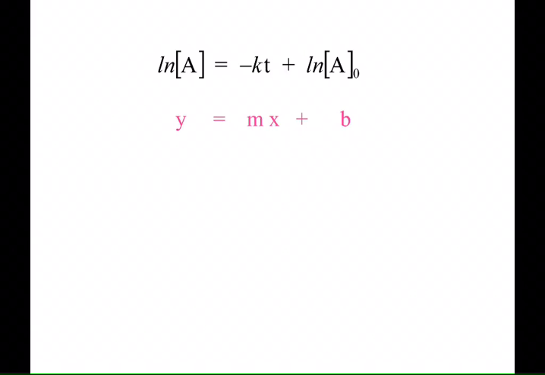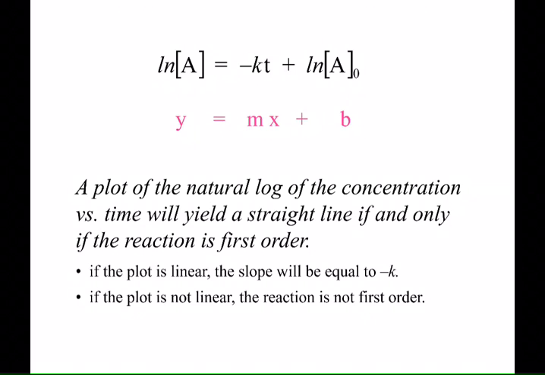This time the y-intercept is equal to the natural log of the initial molar concentration. So in this case, if we take the natural log of the molar concentration of A and plot it against time, and if it's a straight line, then it's first order with regard to A.